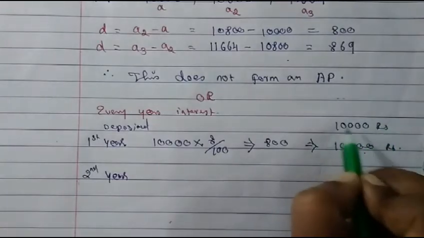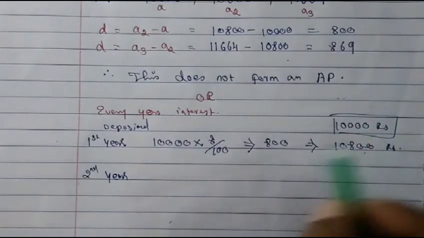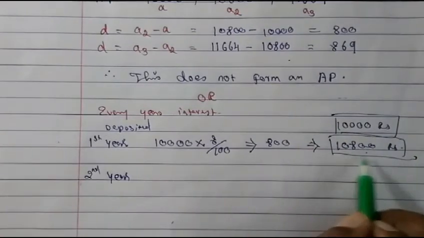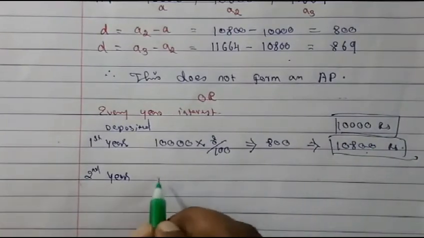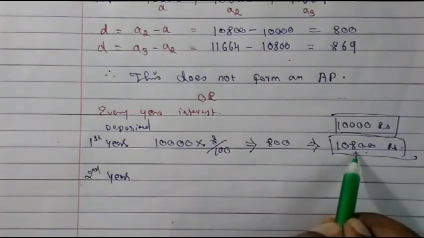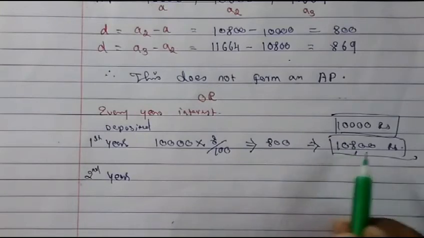After 1 year it is 10,800. Now find out the following year's interest. For that, this becomes the principal amount, so you have to find out the interest for this.